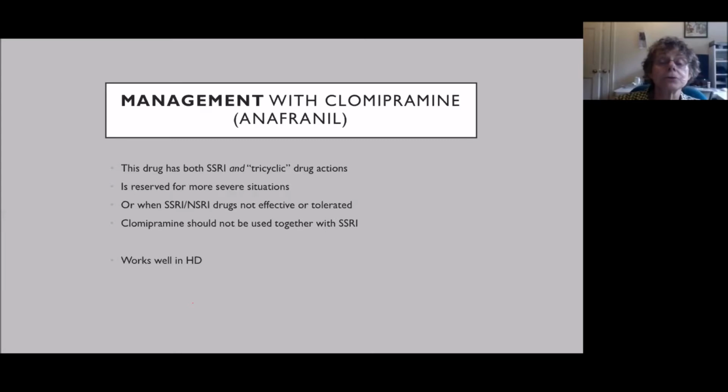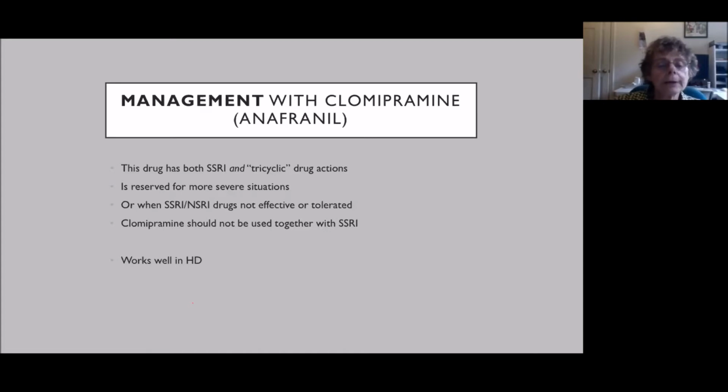Clomipramine should not be used with another SSRI or NSRI drug because then you're double dosing, and double dosing gives you more side effects.